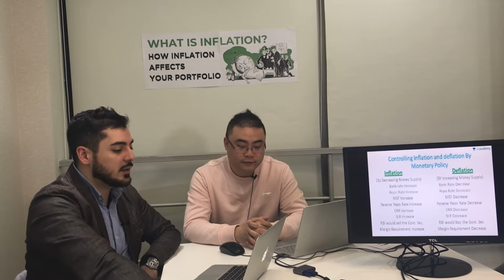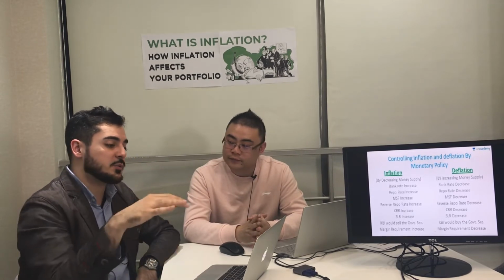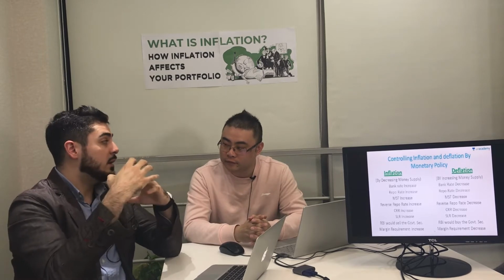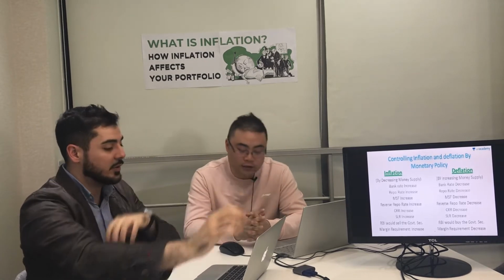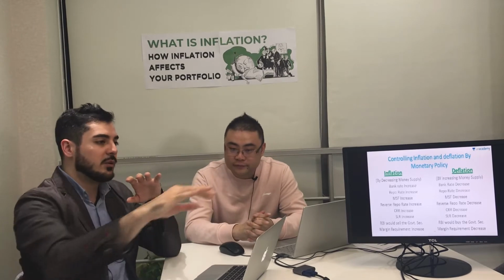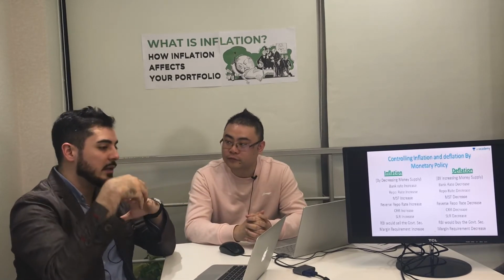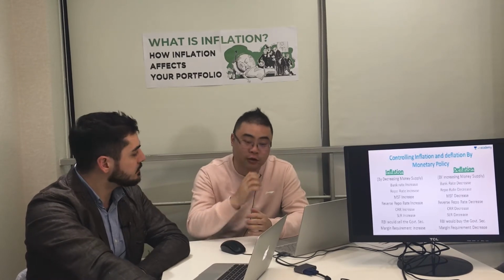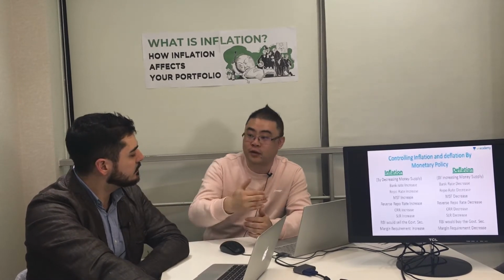So if they increase this reserve, that means normal banks cannot take out more money than they usually take out. So by doing this, central banks make sure that all the domestic banks, or normal banks, won't take this money out to the economy. So this is how the central bank will control inflation.